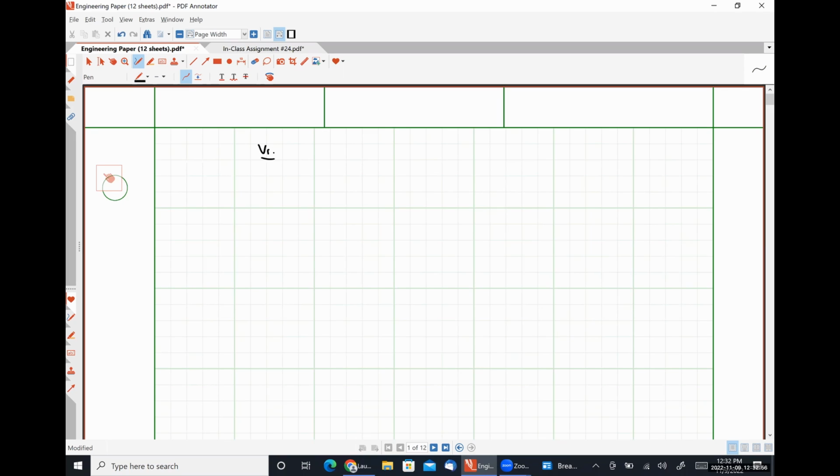So here is our supply voltage VDD. We have, that should be drawn the other direction. So this is transistor M3. Here is transistor M1, at which we apply one of our input voltages.